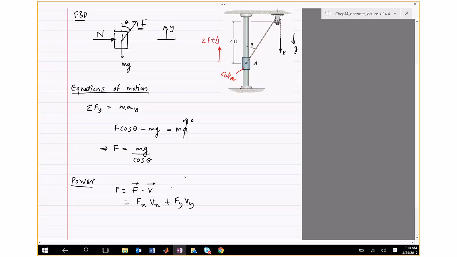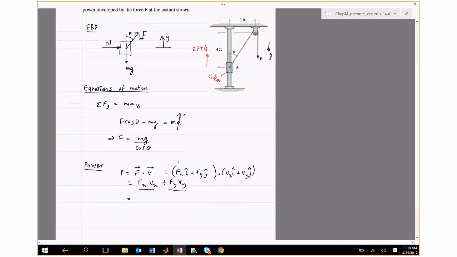The reason is that F is Fx i plus Fy j, where Fx and Fy are the x and y components of the force, and the velocity is going to have Vx i plus Vy j as its x and y components. This is a general case. Now I'll of course put values to that. So Fx, Vx, Fy, Vy.